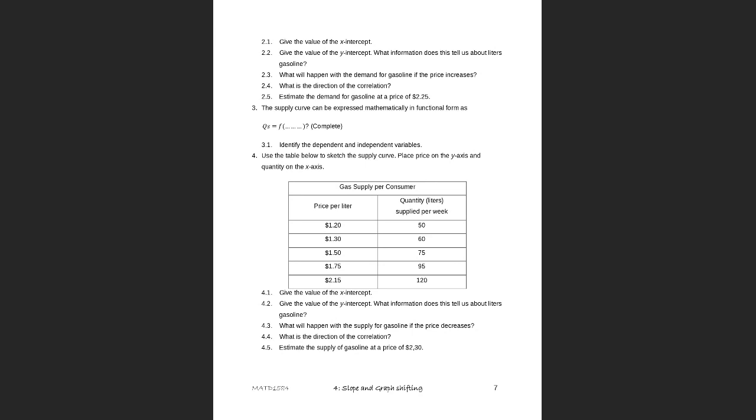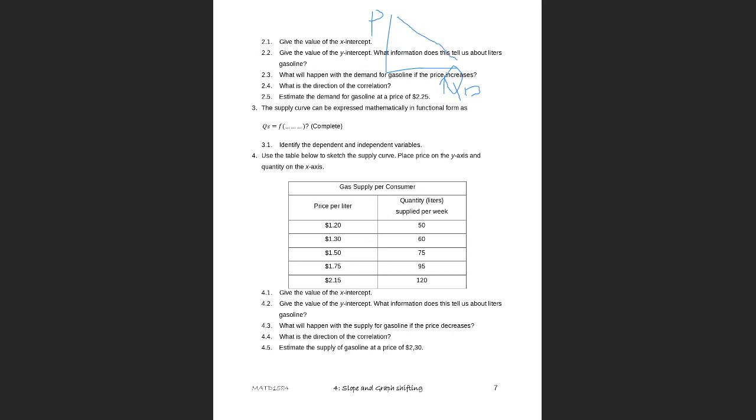Then, what is the direction of the correlation? Obviously, when you plot the graph, it is going to be something like this. If here is price and here is demand, QD, the graph will look like this.